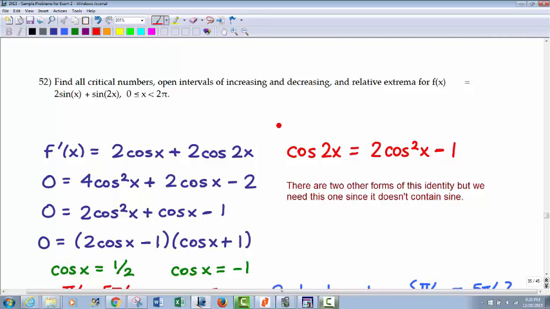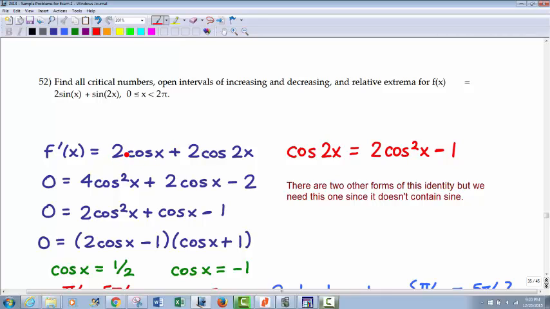Now these identities would be on your trig sheet, but you need an identity to get rid of this cosine of 2x. And there's 2 other ways to write it. It's cos squared minus sine squared, and it's also 1 minus 2 sine squared. Now you're going to want either one of the ones that involves the 1. And to know which one to use, it all depends on what this other trig function is, if there is one there.